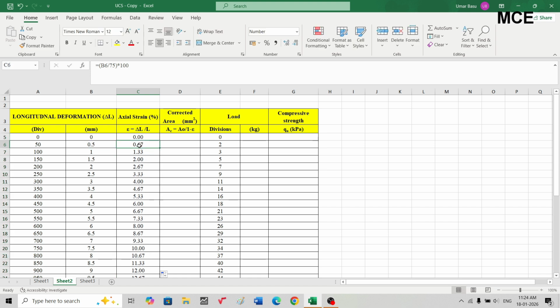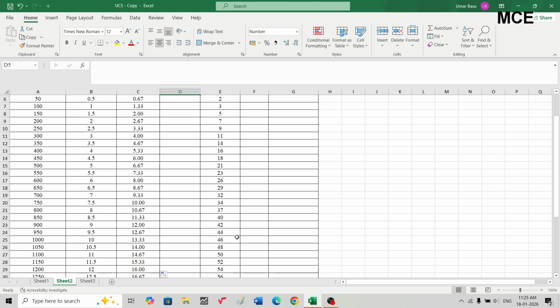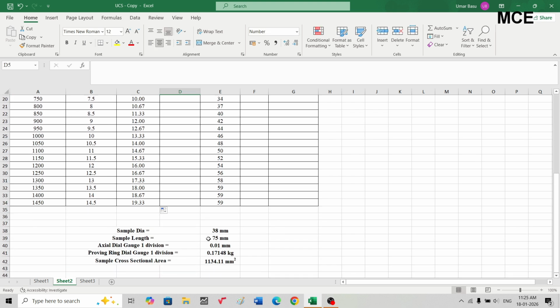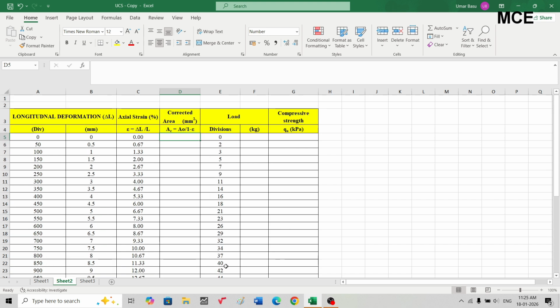Now you have to calculate the corrected area of the sample. The corrected area will be equal to the initial area divided by 1 minus axial strain. The initial cross sectional area for our sample is 1134.11 mm square. So write equal to, then 1134.11, then close the bracket.